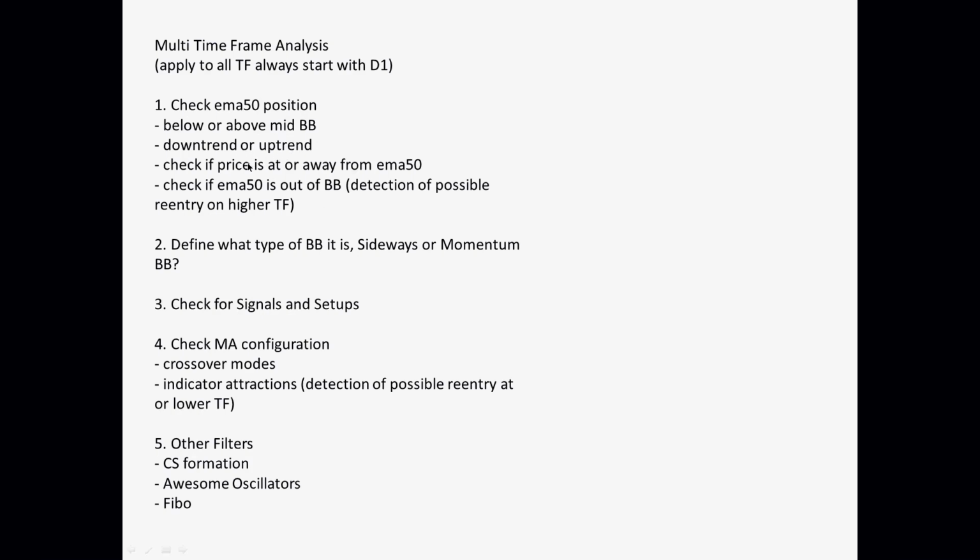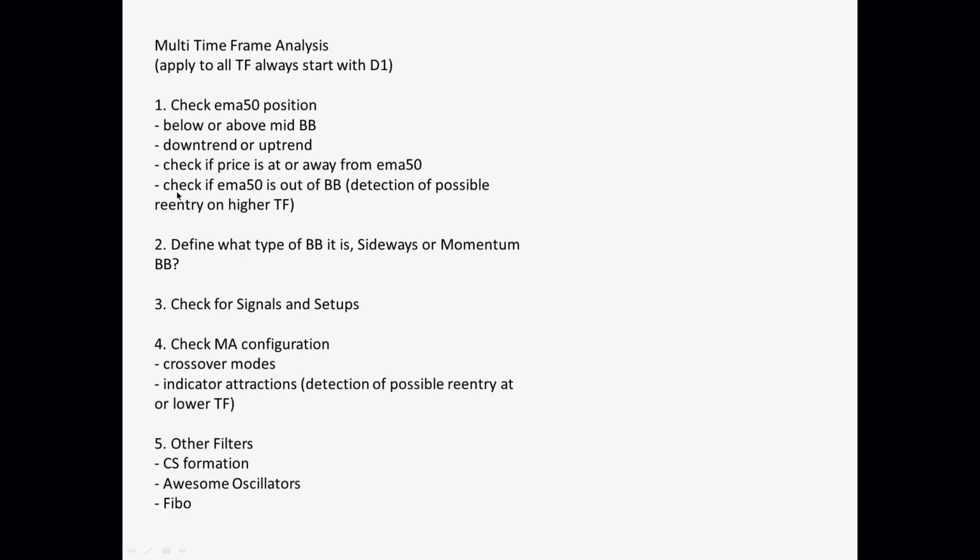Then the next thing you need to check is whether the price is at or away from MA50, because if it's at MA50, then obviously this is a re-entry on a higher time frame. But if it's away from MA50, then maybe there's a setup on a lower time frame. So instead of going all over the place, you'll be able to narrow down which time frame to look at next.